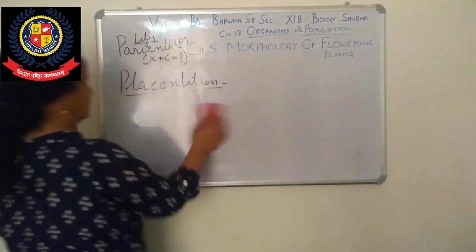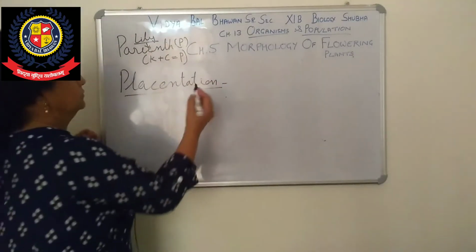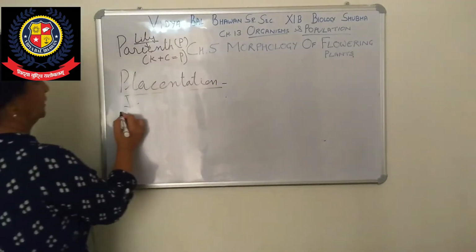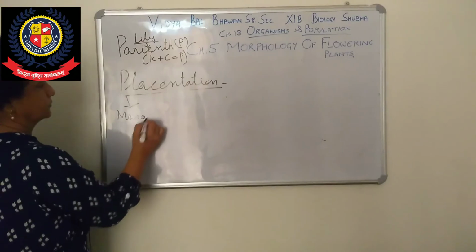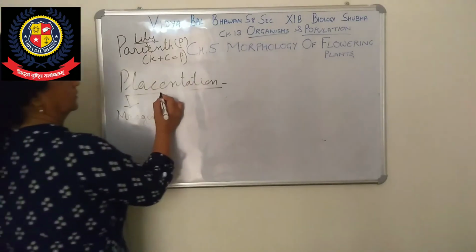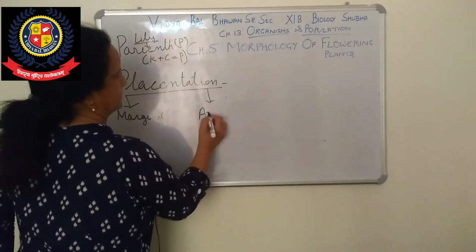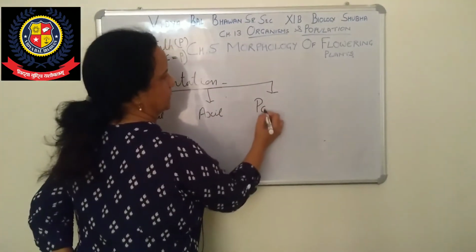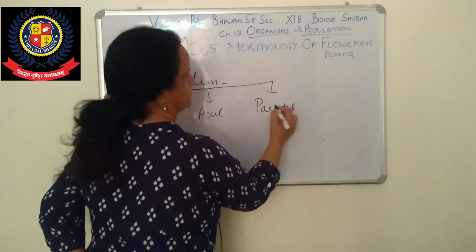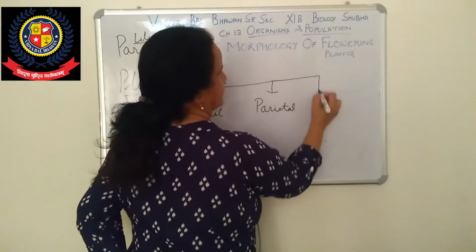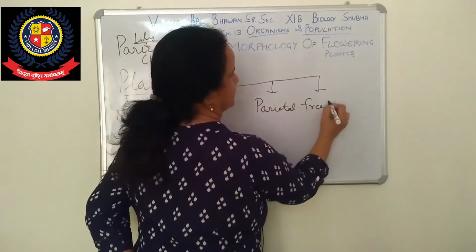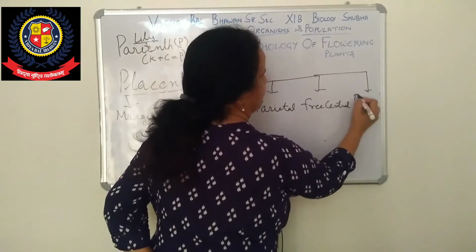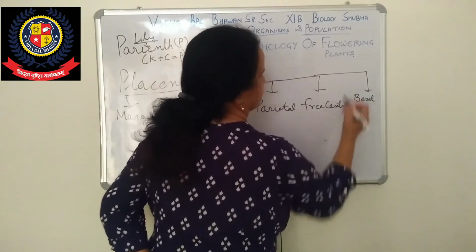The different types of placentation we are writing: first one is marginal, second axile, third parietal, fourth free central, and fifth basal.